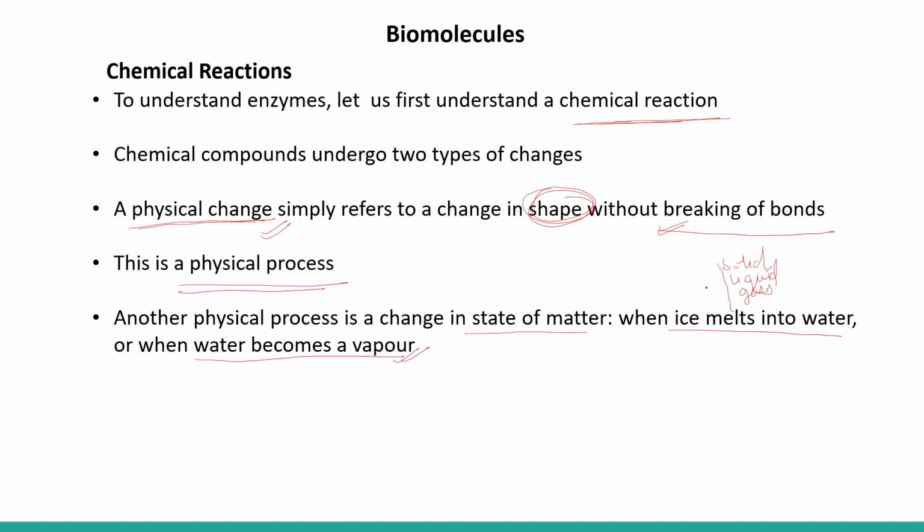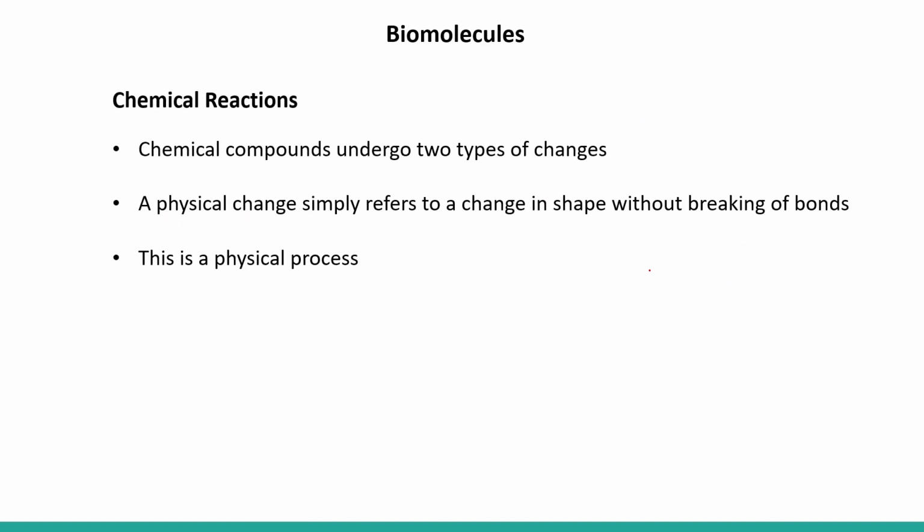This is just a change of state. A new substance is not formed. So again, this is a physical process. Shape change and change of state of matter don't show a chemical reaction.